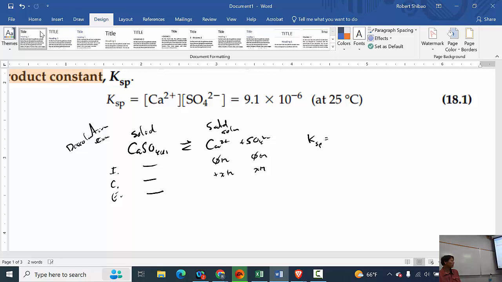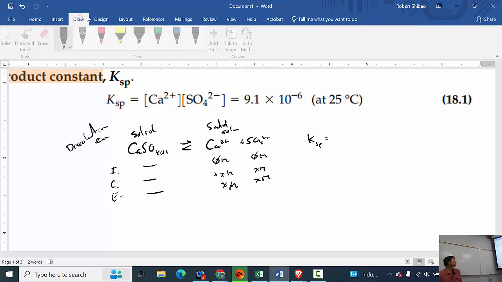And again, we do a secondary calculation to figure out how much calcium sulfate must be lost for this to gain that. And so we end up with X. But we don't like to use X here because we can be more descriptive. Our X is just a generic change.